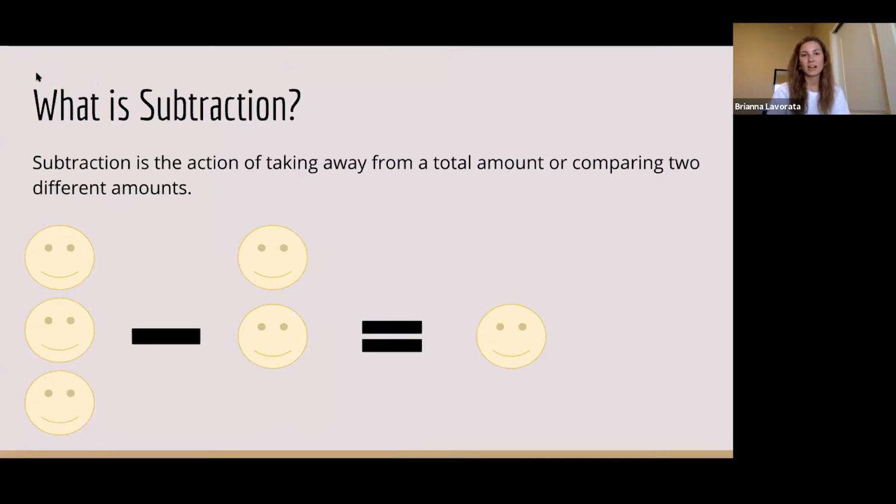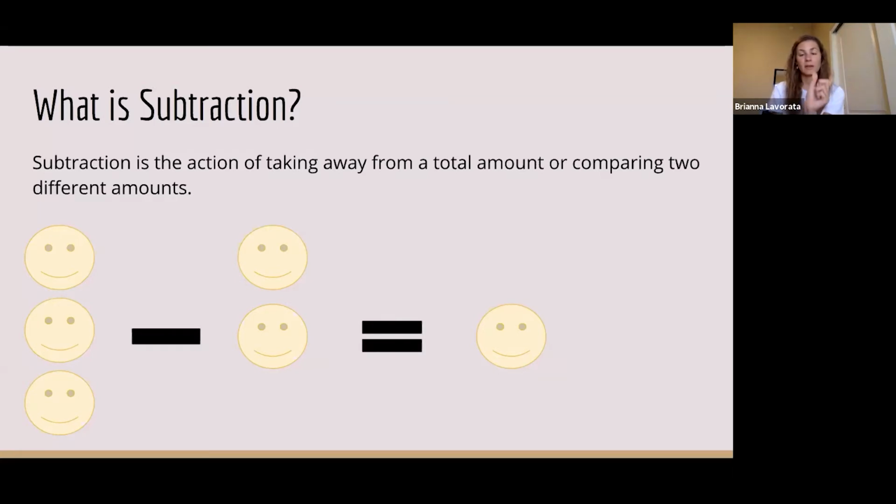What is subtraction? So subtraction is the action of taking away from a total amount or comparing two different amounts, okay? So in this photo here, I put 3 smiley faces. We read from left to right, okay? So there's 3 smiley faces going down vertically.